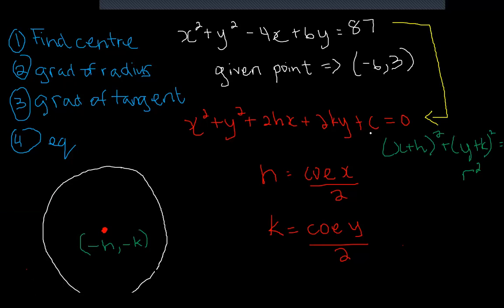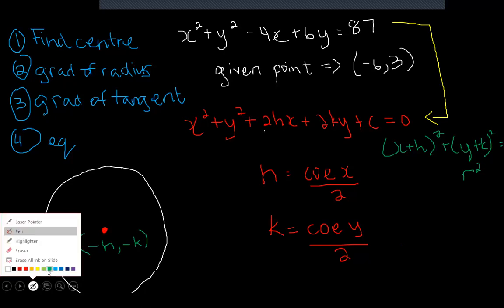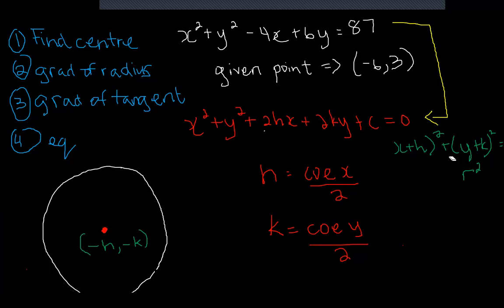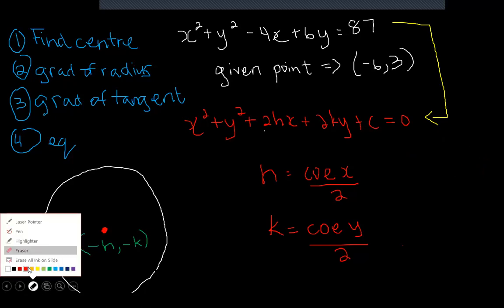So back to this now. We know these formulas to find h and to find k. It's the coefficient of x divided by 2. K is the coefficient of y divided by 2. What is a coefficient? Coefficient of x is any of the terms that come before x.